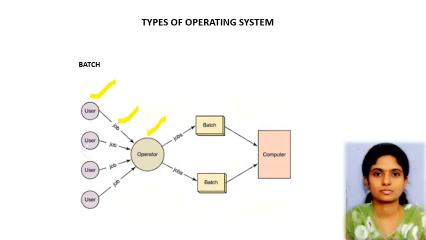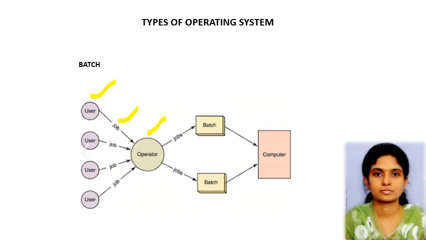So this was the process. The programs were punched into the cards and, as I discussed, copied onto the tape for processing. When the computer finishes one job, it immediately starts the next one on the tape for execution. The users of the batch operating system do not interact with the computer directly.